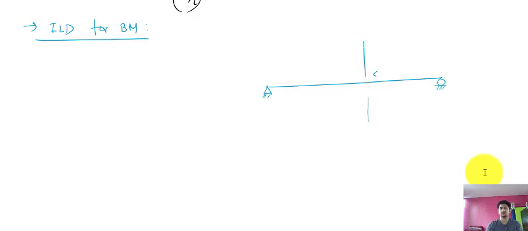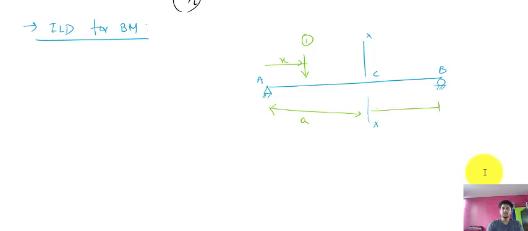This is A, this is B, and this is C. First we will consider that the unit load is in span AC. This distance will be X, this distance will be A, and this distance will be L minus A.